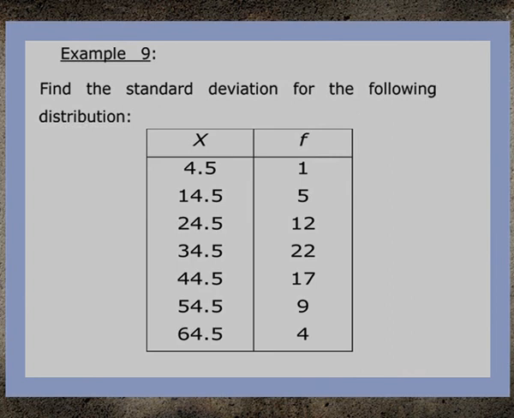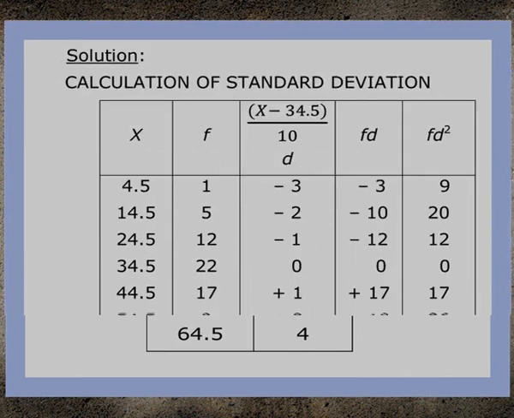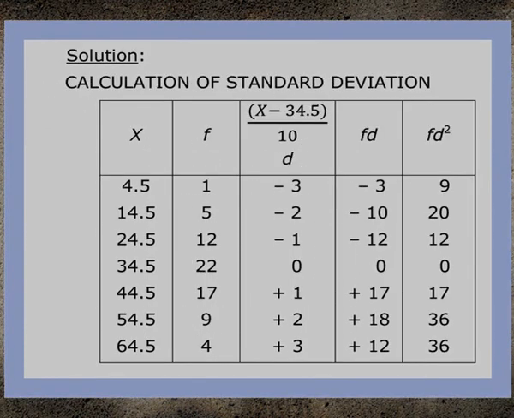Find the standard deviation for the following distribution. So we have a table of x and f. We are doing the calculation of standard deviation again in the solution. So we are making a table of x, f, and x minus 34.5. 34.5 is what we have taken as assumed mean. So the third column is x minus 34.5 divided by 10.